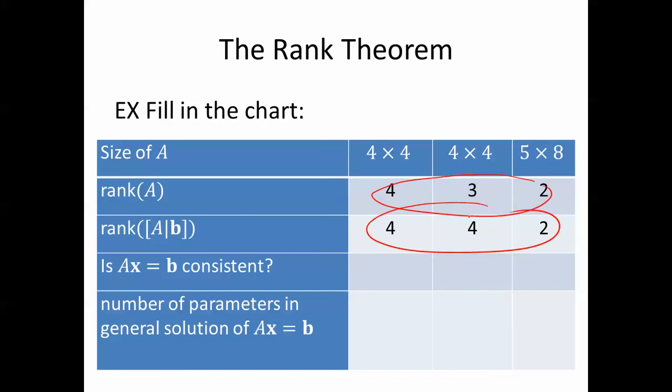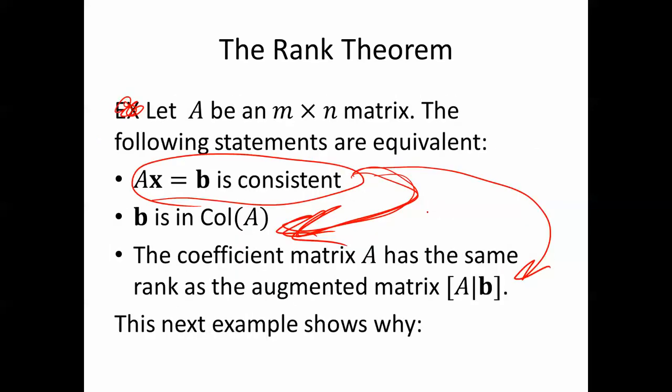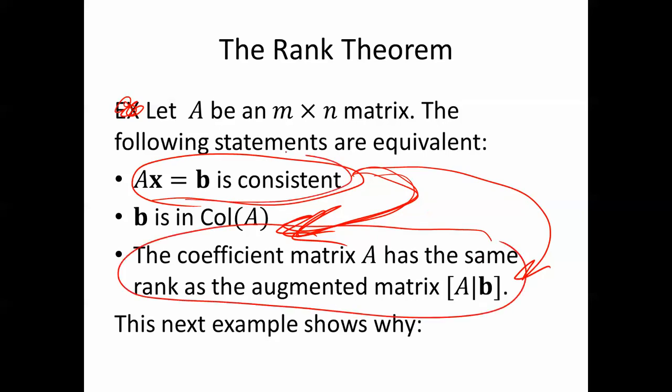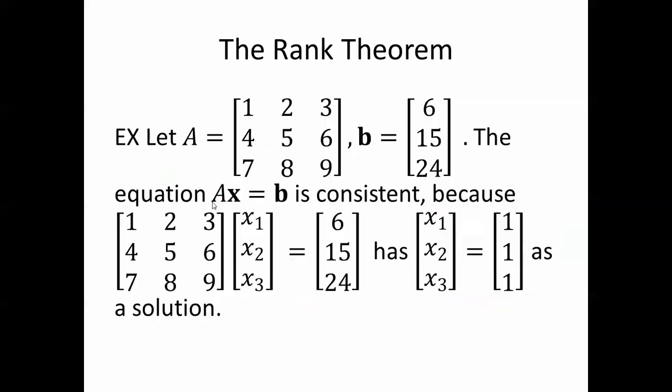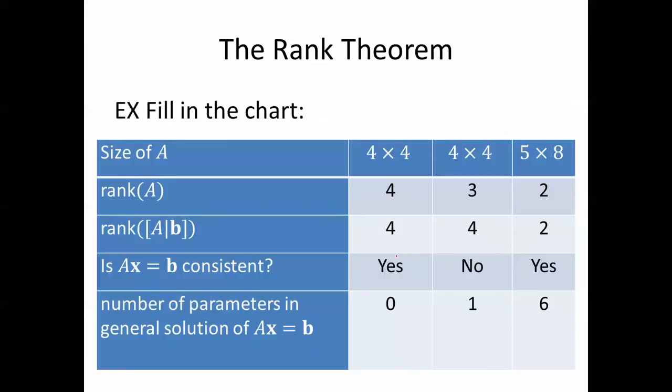First, is AX equals B consistent? Notice that the rank did not change when we appended B to A. If the coefficient matrix has the same rank as the augmented matrix, AX equals B is consistent. So the answer would be yes, that's consistent.